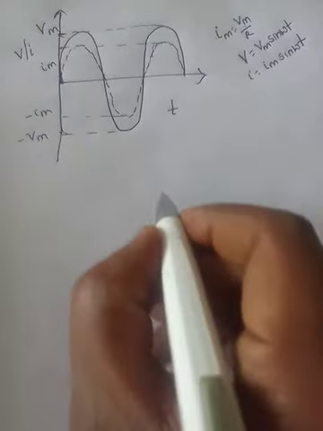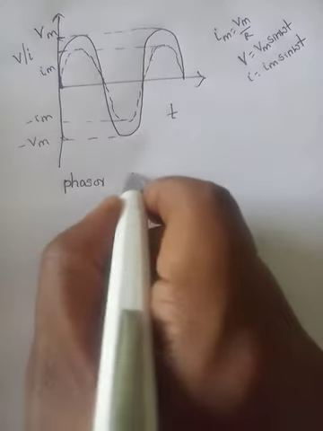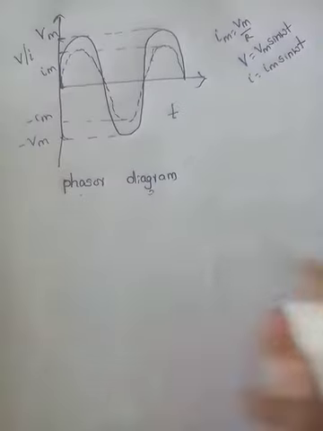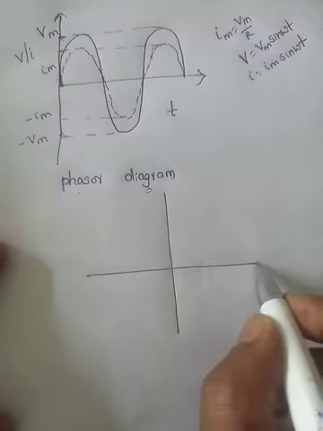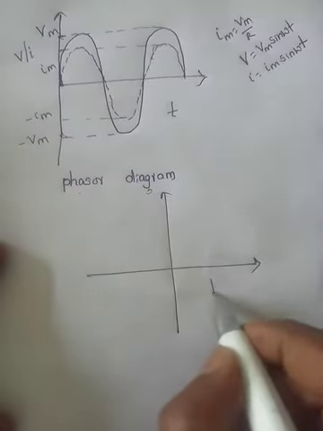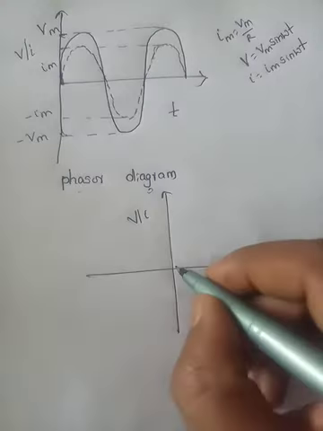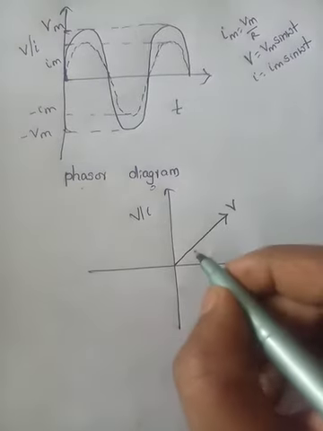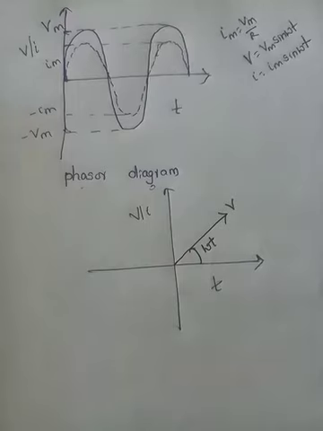As we said, the phasor diagram. Here we have voltage and current. Now, this is varying with the angle of rotation of the vector, omega t.